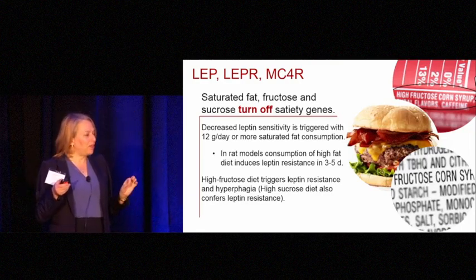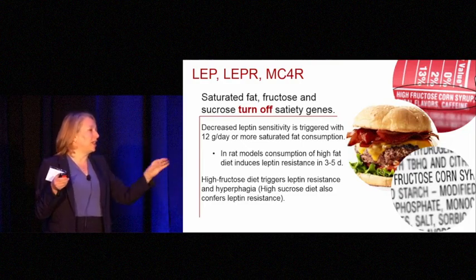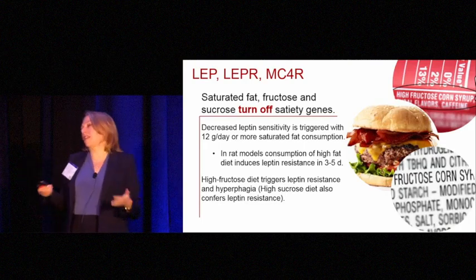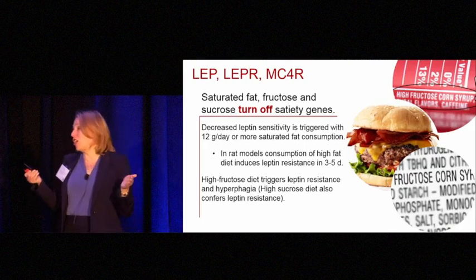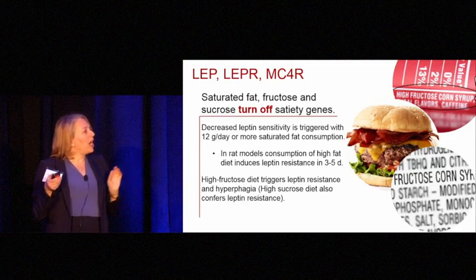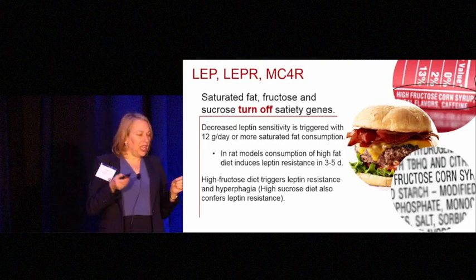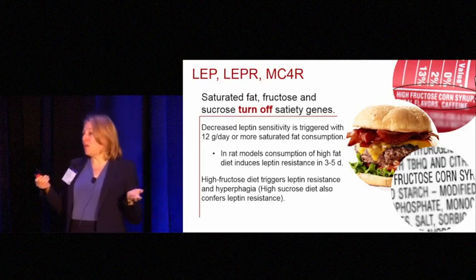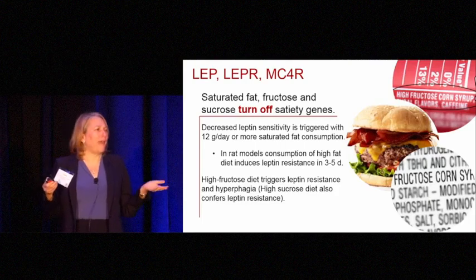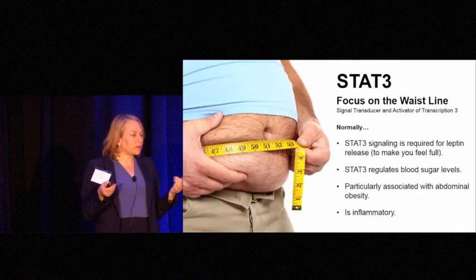It's the saturated fat that can have a huge effect on leptin receptors, MC4R, which I call the snacking gene because it affects satiety. High fructose corn syrup also triggers leptin resistance and can stimulate hyperphagia. And as you already know, there's high fructose corn syrup in everything, all these commercial products. You can have it in your ketchup.